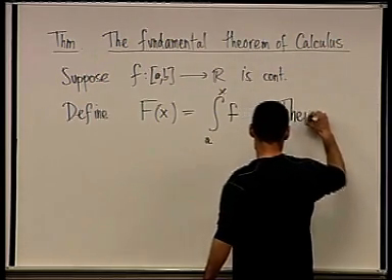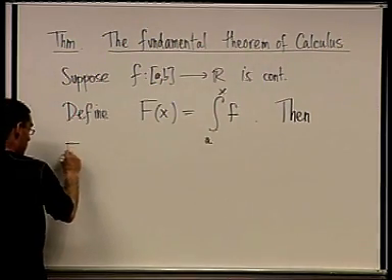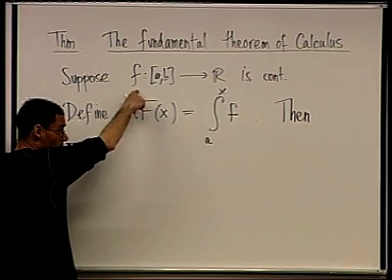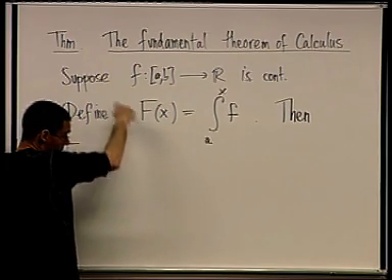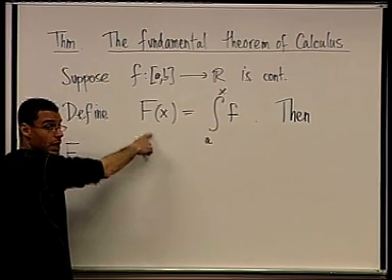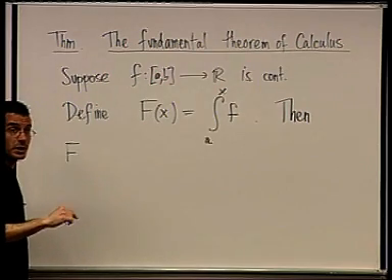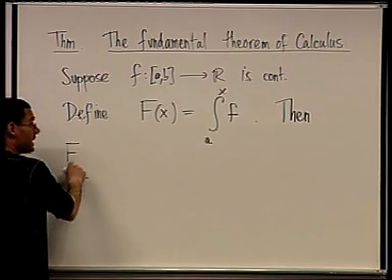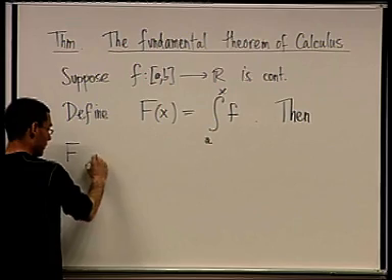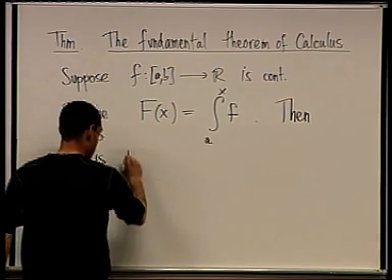Then, when we only assumed f to be integrable, the previous theorem only said that big F is continuous. If we raise the assumption on f and now assume that it's continuous, what we're going to get is that big F is not just continuous, it's going to be differentiable.